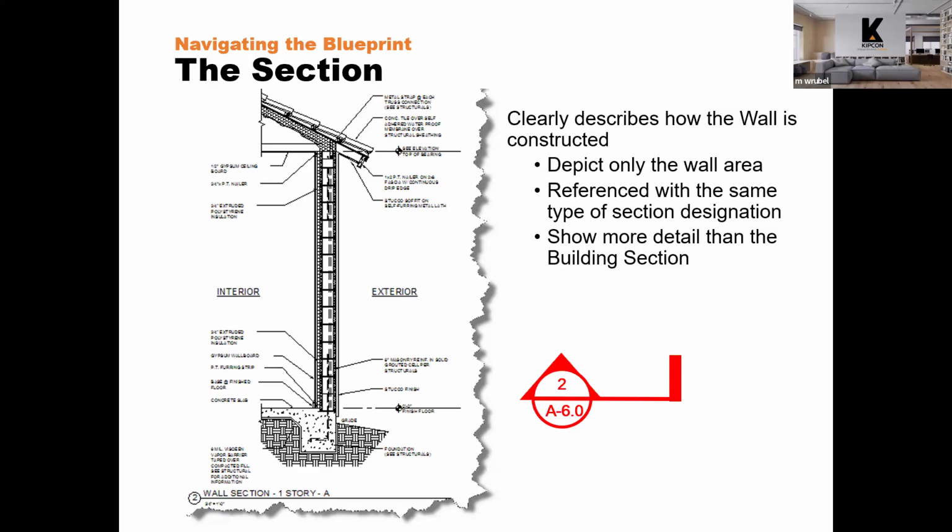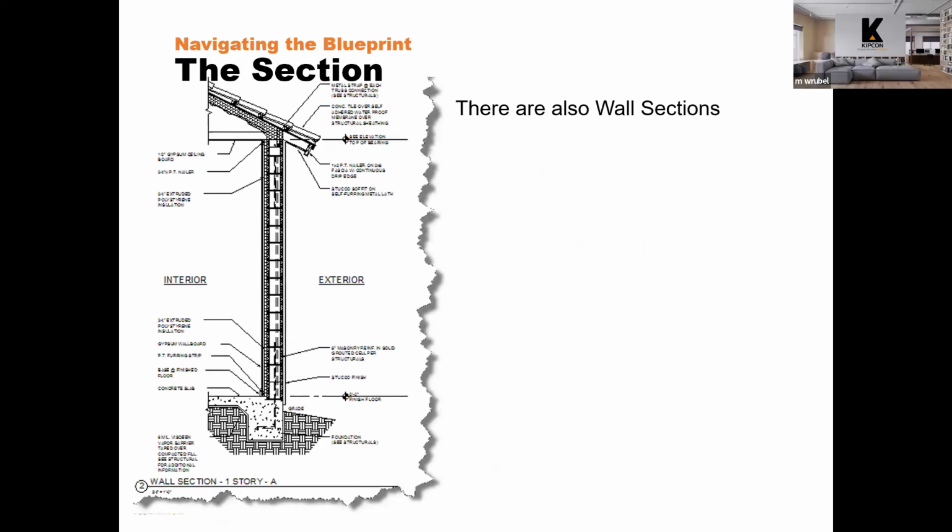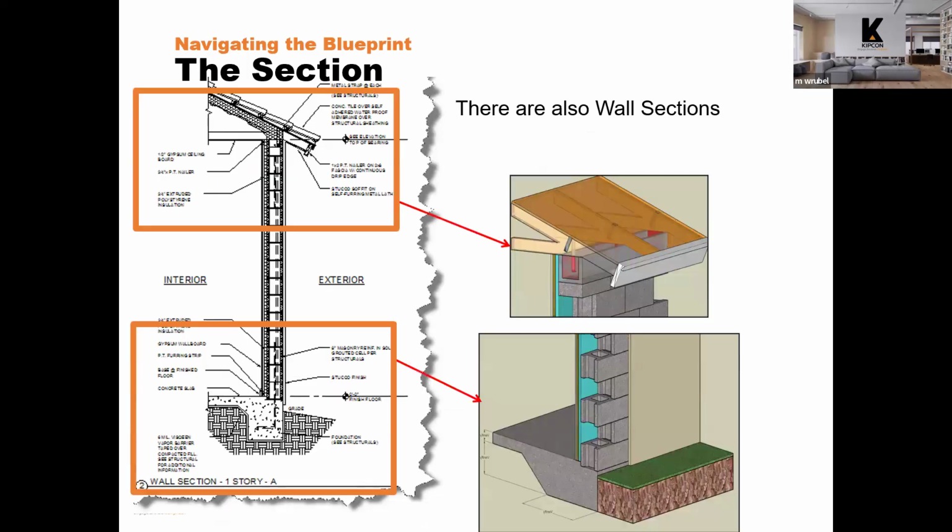And again, here's just an example of what the call out might look like. This particular section might be detailed, I'm sorry, section 2 on sheet A6.0. So in the wall section, there might also be details for where those wall sections meet the roof and the foundation.